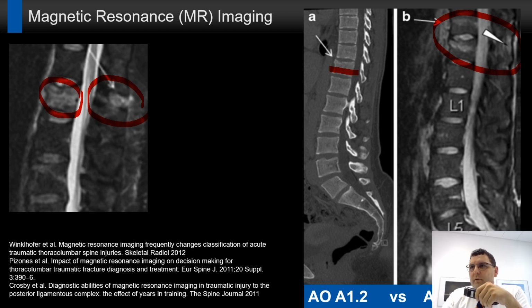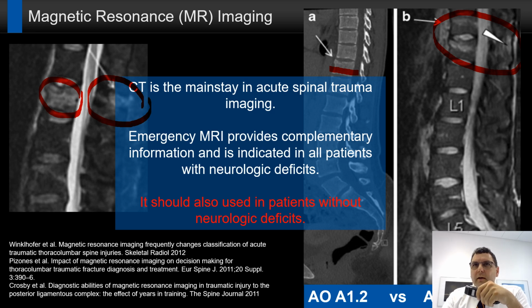So it's very important from my perspective that you perform additional MRI in acute trauma spines, and the current conclusion from the literature is that CT is of course the mainstay in acute spinal trauma imaging. However, emergency MRI provides complementary information and is indicated in all patients with neurologic deficits. It should also be used in patients without neurologic deficits.